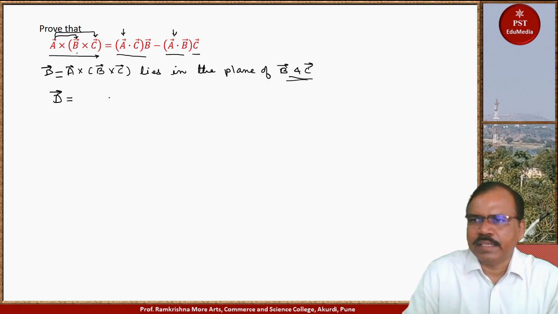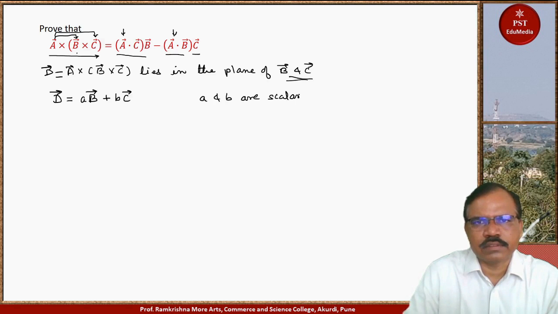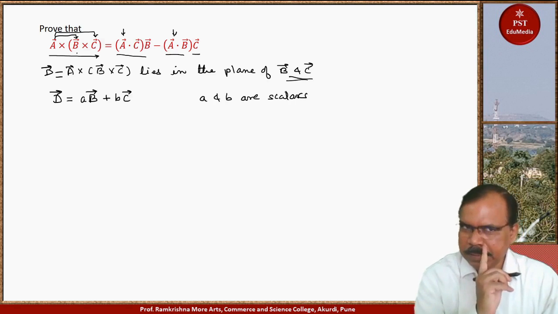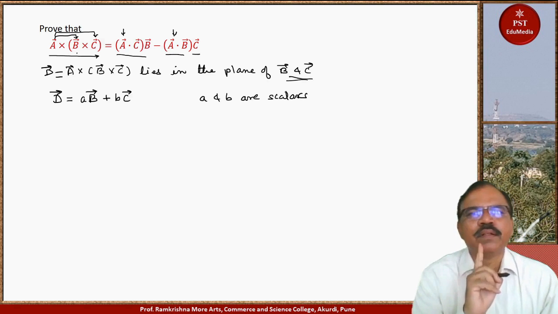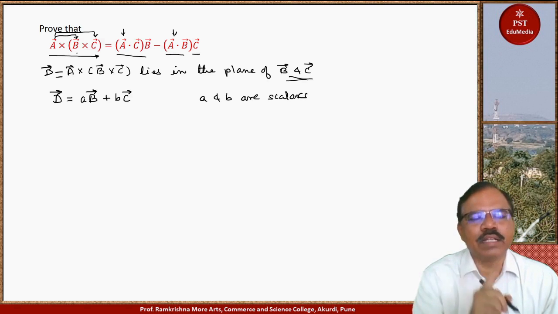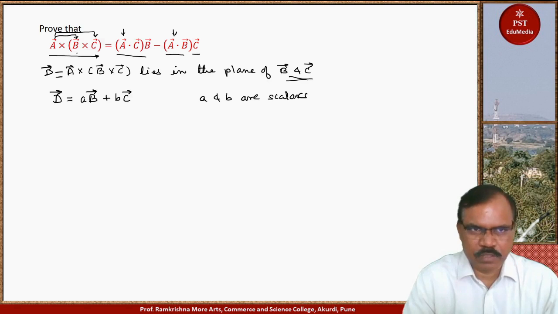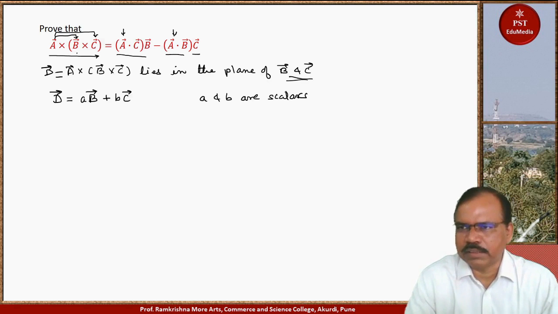So you can write D as a B plus b C, where a and b are scalars. So D is a linear combination of vector B and vector C, because all these three vectors are coplanar.